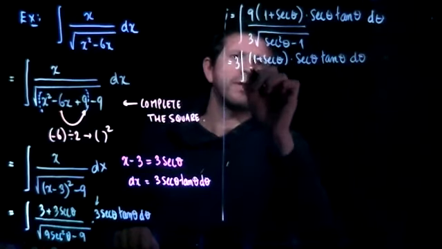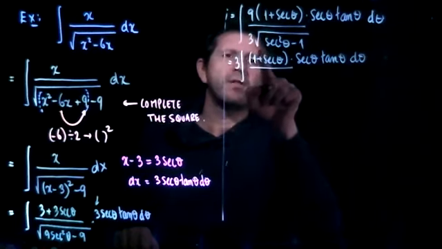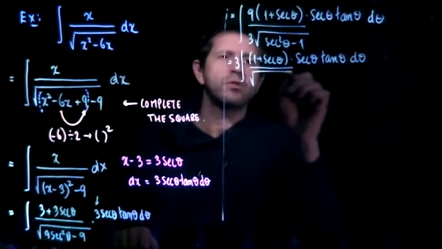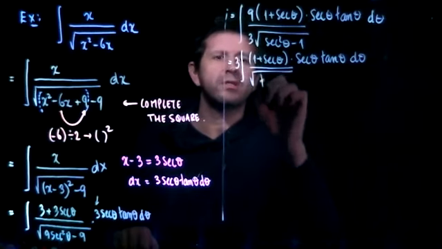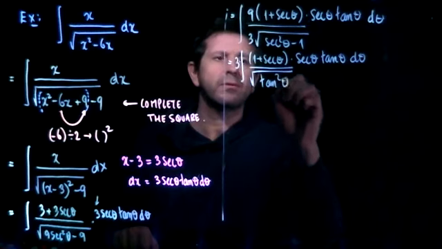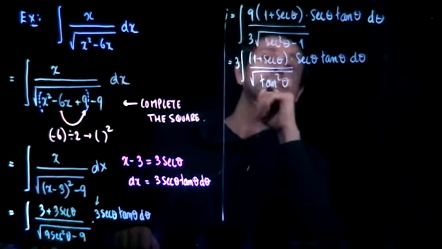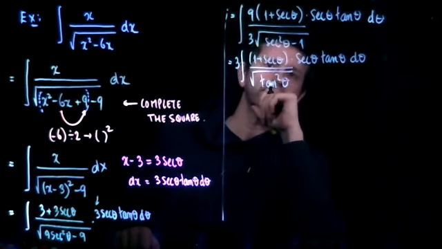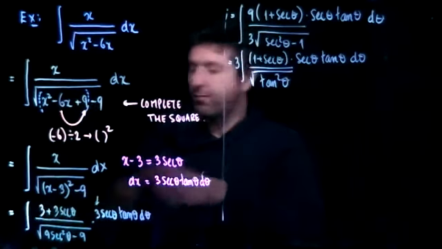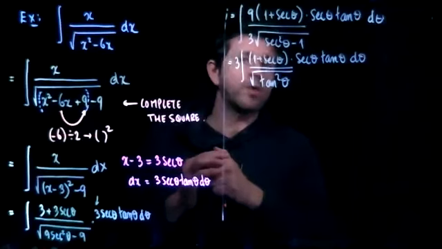And on the bottom here, I have the square root. So secant squared minus 1 is tangent squared. That's one of the identities, right? You have to know them with no hesitation.